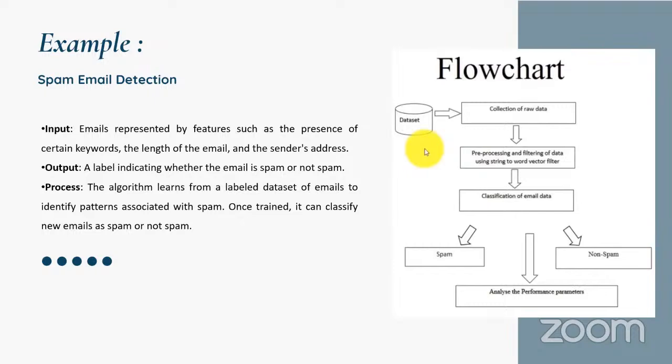The label indicates whether the email is spam or not spam. For example, in Gmail, in the inbox, you get some mails, and you also get spam mails. Gmail is programmed to detect spam mails. It has its own programs.